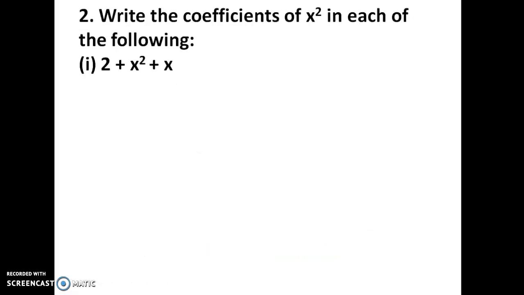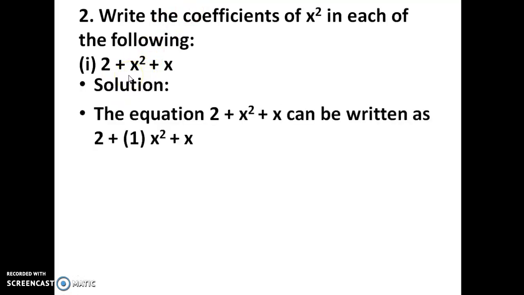Then next one, write the coefficient of x square in each of the following. This is the second problem. So what is the coefficient of x square here? What number is it multiplied with? That is called the coefficient. The equation can be written as, so the coefficient I have separated and shown here. Nothing is there means it is multiplied with 1.